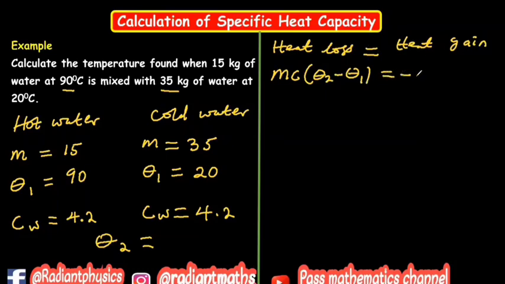We need to put a negative sign here, and I'm going to tell you the reason. We have MC, brackets, change in temperature. We are putting a negative sign here to get our value correct. Just remember in your chemistry, when a certain atom is gaining an extra electron, it becomes negatively charged, right? So we are using the same process here.